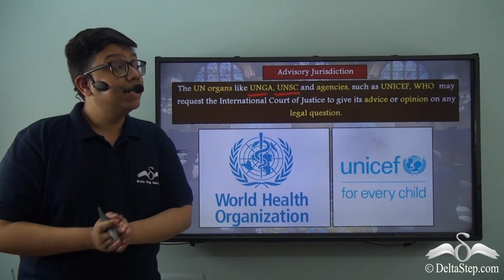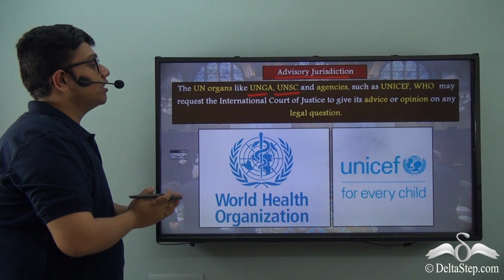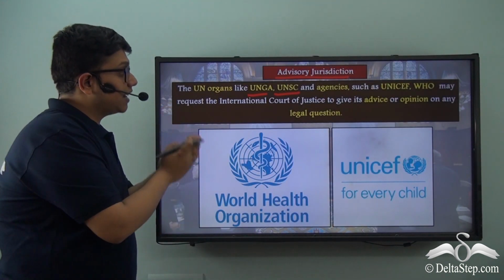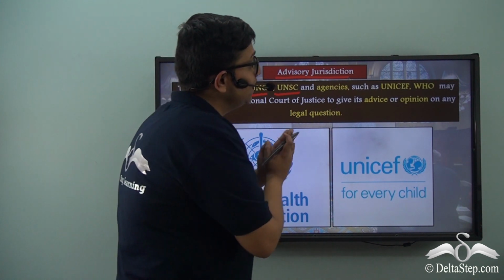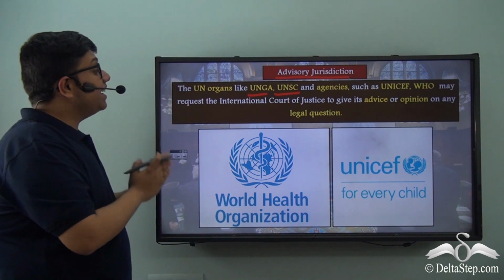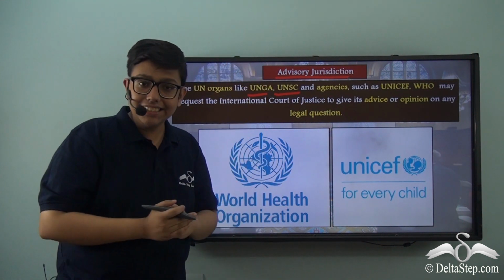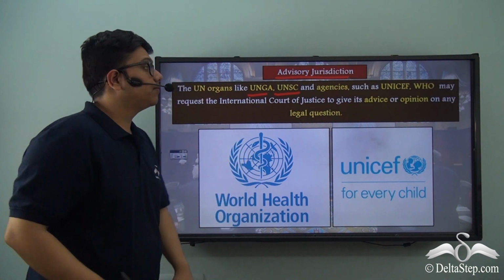And that is where the advisory jurisdiction of the International Court of Justice comes in. So we see that the UN organs like General Assembly or Security Council and various other agencies such as UNICEF or WHO may request the International Court of Justice to give its advice or opinion on various legal questions.